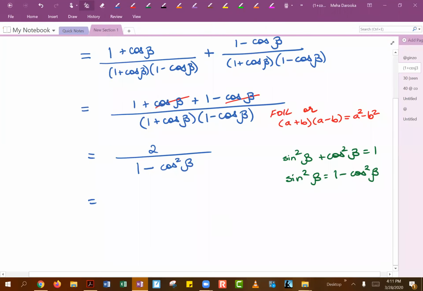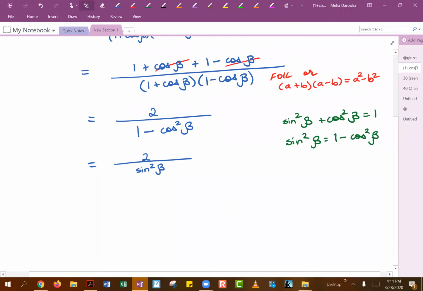Because remember how we had talked about it's always better to try and get a monomial denominator. So that's basically what we're doing. So replace your 1 minus cosine square beta with sine square beta. And then we are going to use the reciprocal identity. So 1 over sine square beta as a reciprocal is going to be cosecant square beta, right?